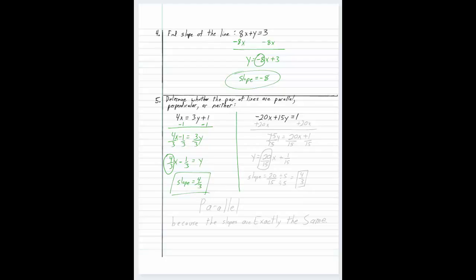We'll come back to that. Let's do the same idea with negative 20x plus 15y equals 1. Let me add 20x to both sides. So 15y equals 20x plus 1. And then let's divide everything by 15.